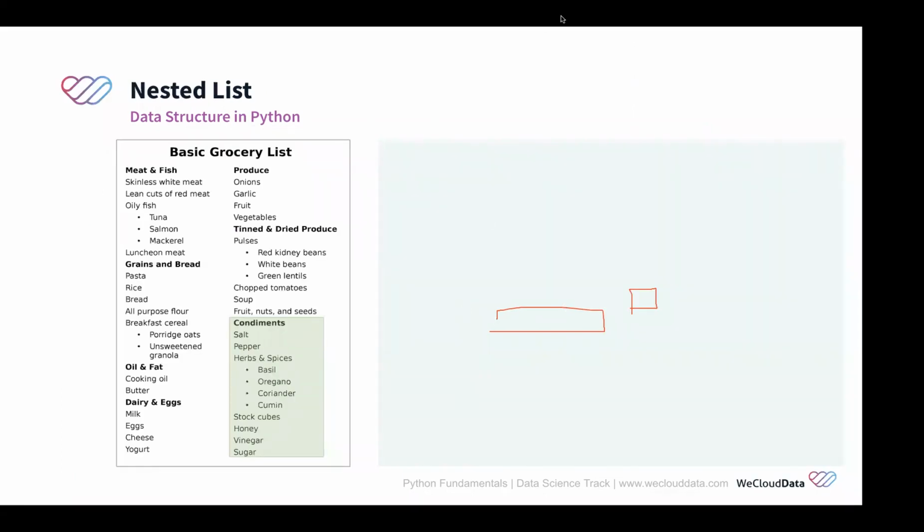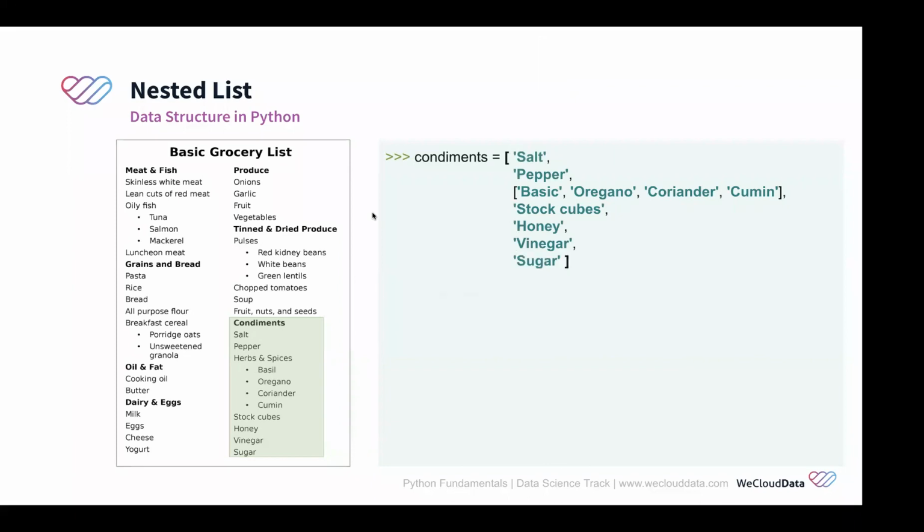All right, and we can create a more complex list, which is a nested list. So here's one example. Now we create a list called condiments, and we have salt, pepper, but there's also another inner bracket here.